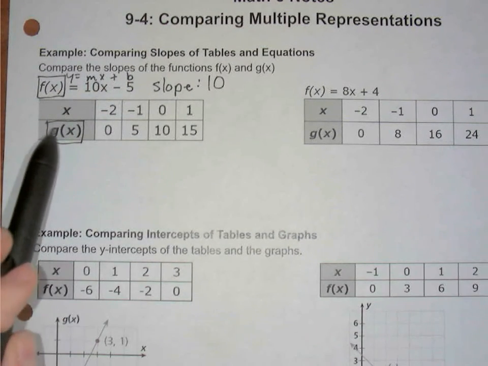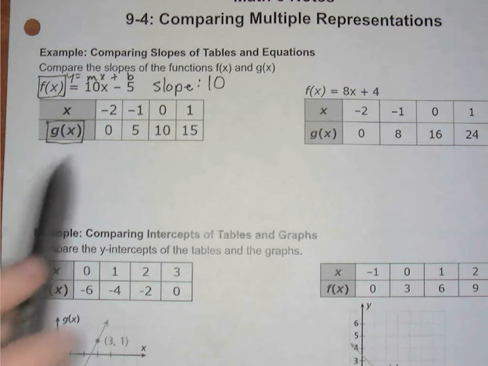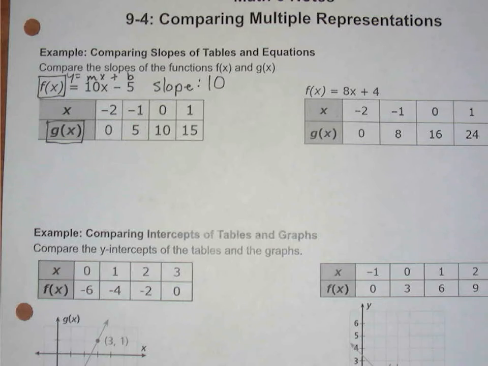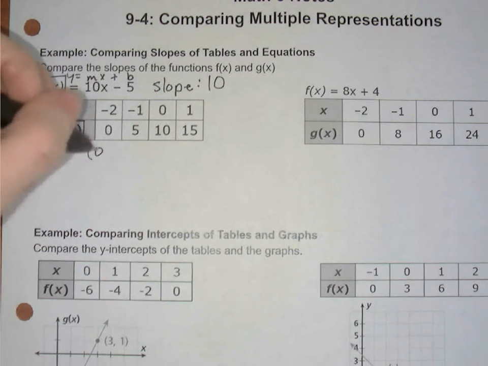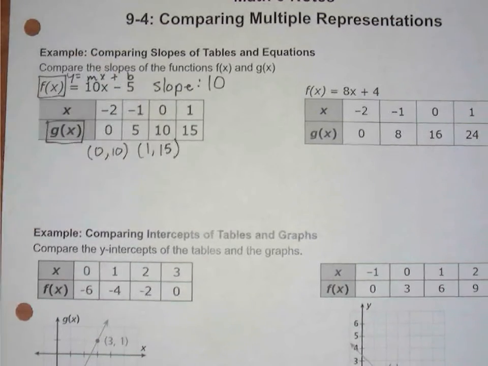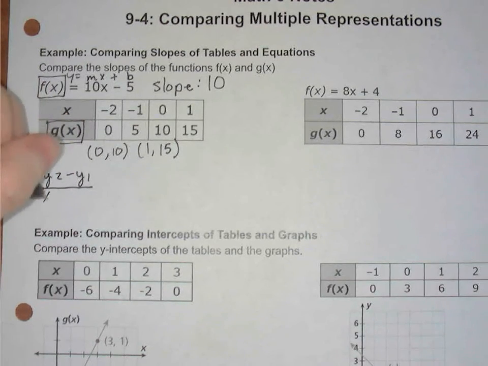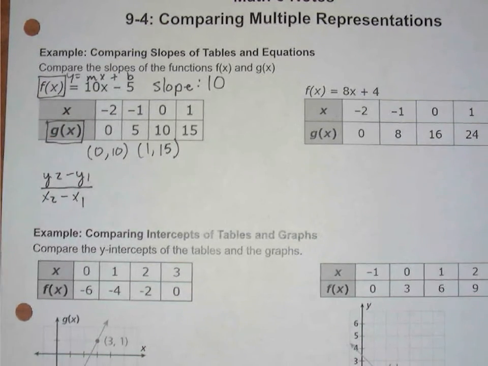When we look at the table, we've got to do a little bit more work to find the slope, but we know how to do this as well. Using a table, we use our slope formula after we pick out 2 points. So I'm going to pick the point (0, 10) and the point (1, 15) because I like to pick positive number points. Then I'm going to write my slope formula down here. We've got y2 minus y1 over x2 minus x1, because my slope formula is the only way I know so far to find the slope of a table.